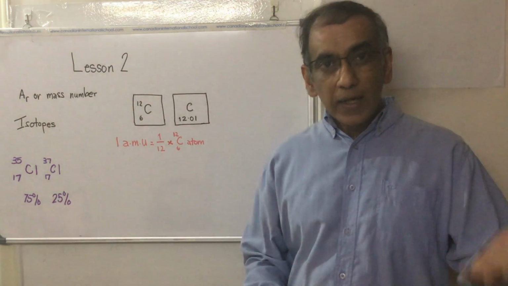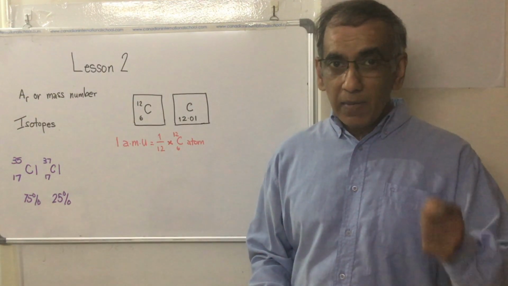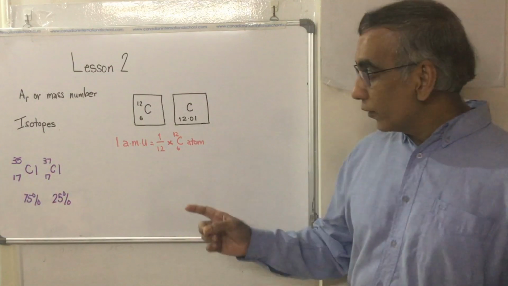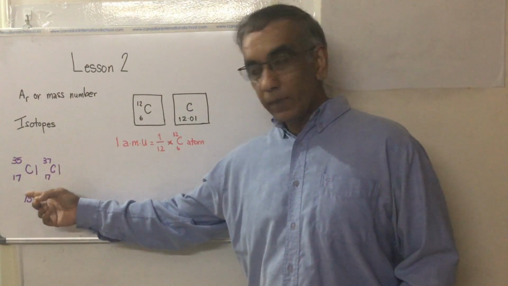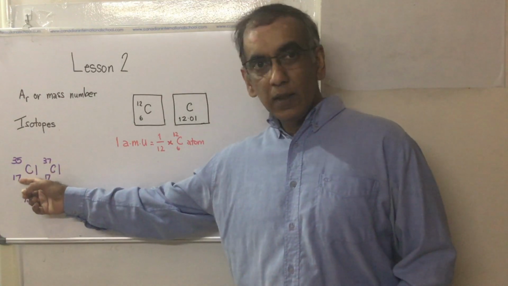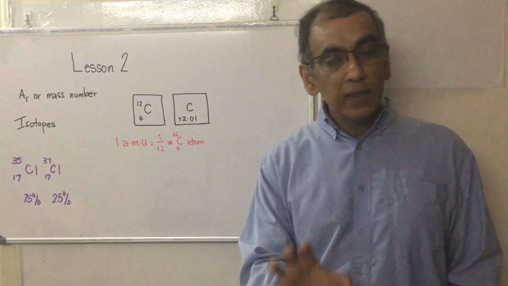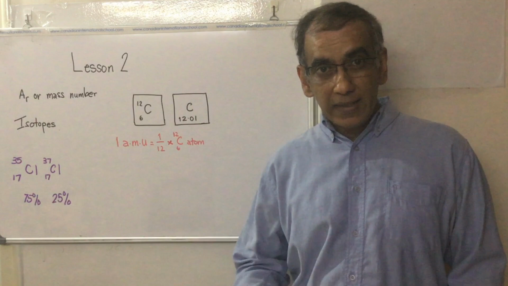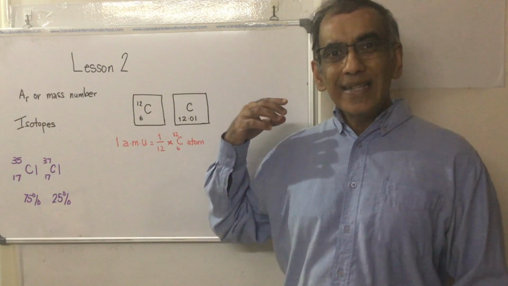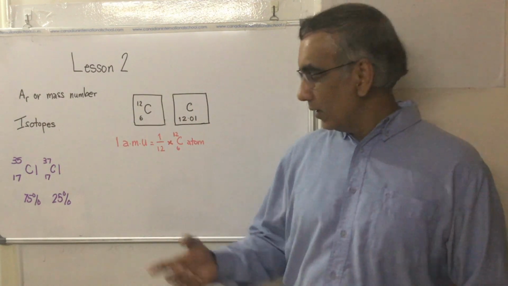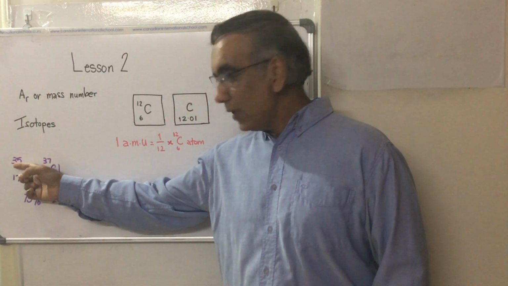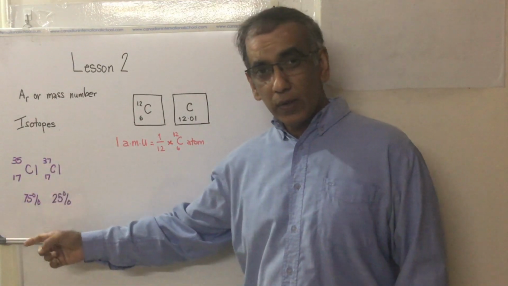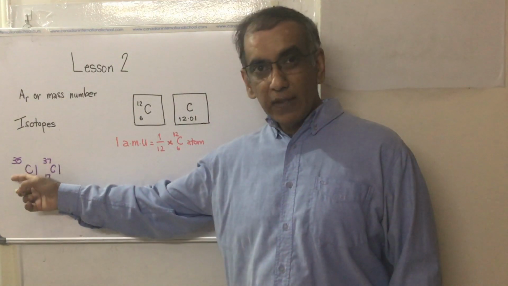What are these isotopes? They are the same element, but there's a difference in the neutron number. Take, for example, chlorine. 17 protons and 17 electrons exist in all chlorine atoms. But approximately 75% of the chlorine atoms contain 18 neutrons and 17 protons, giving a mass number of 35.